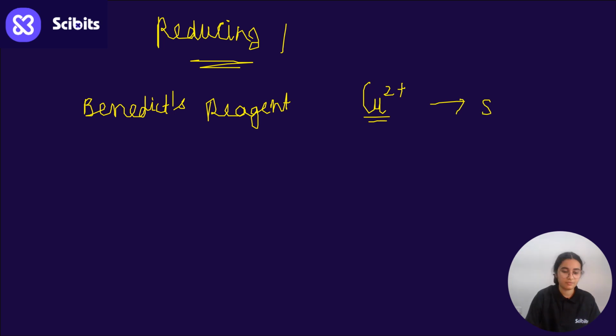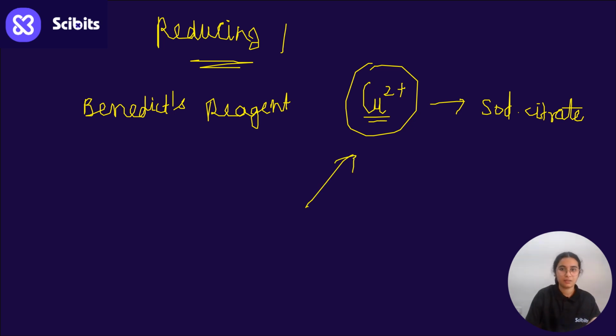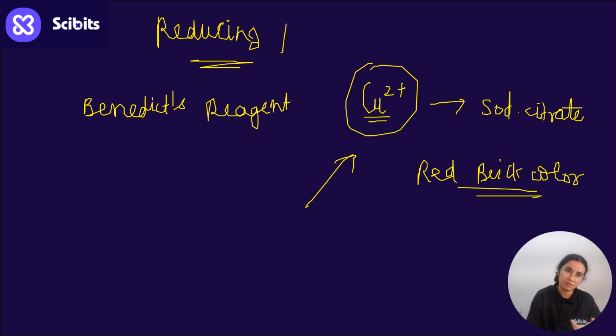So if the copper is reduced, then the solution will turn brick red in color. If this is so, then we'll conclude that the sugar is reducing. Great.